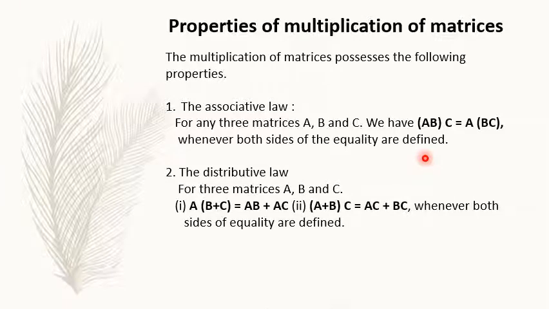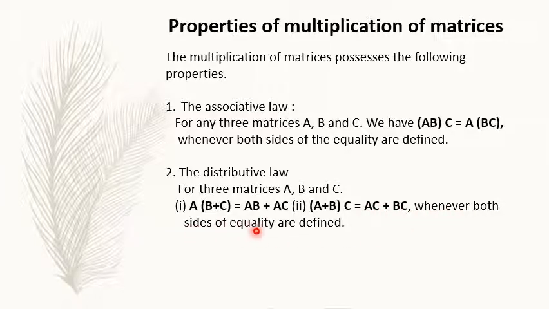Second one, the distributive law. For three matrices A, B and C, A(B plus C) is the same as AB plus AC. Also, (A plus B)C is the same as AC plus BC.